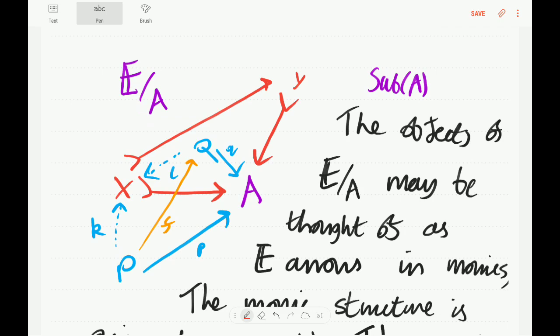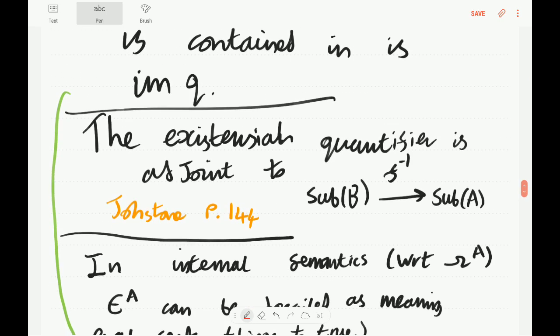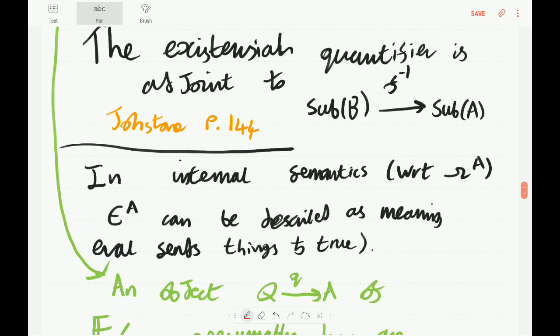Maybe we can just do pullbacks of everything. And there's various other nice relationships. For example, I think around page 144 in Johnstone, he mentions that the existential quantifier is an adjoint to this functor f to the minus 1, which sends our category of subobjects of B to this category of subobjects of A.